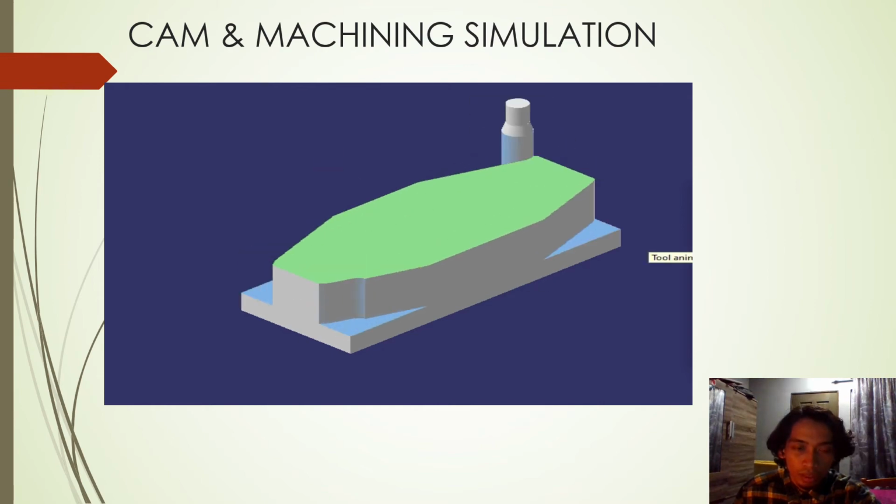So next, the first process for profile contouring, they cut the base part using a 20mm end mill tool.